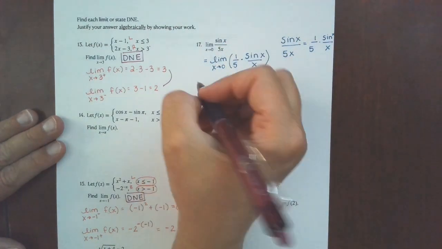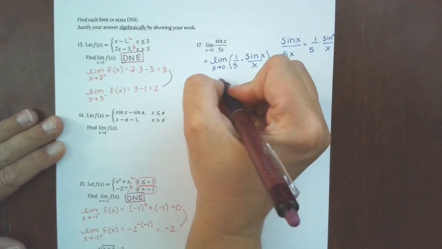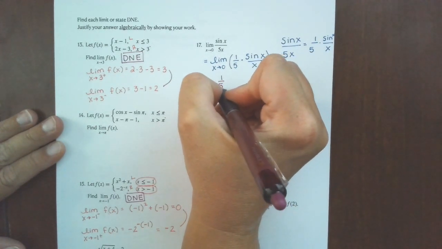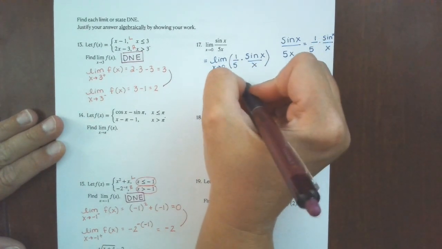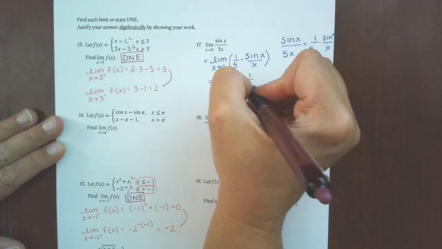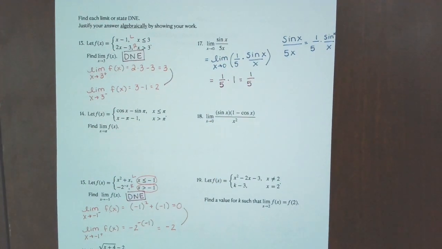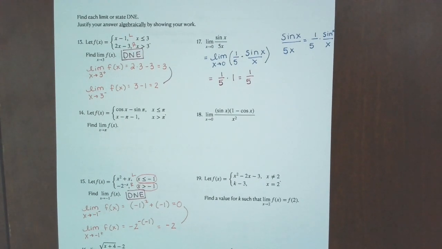And so then when I do that calculation, I can say, all right, that's 1/5 times the limit that we already know is 1, and so my answer here would just be 1/5. Okay, so we can sneak little numbers in there. All you have to do is pull those numbers back out of there.